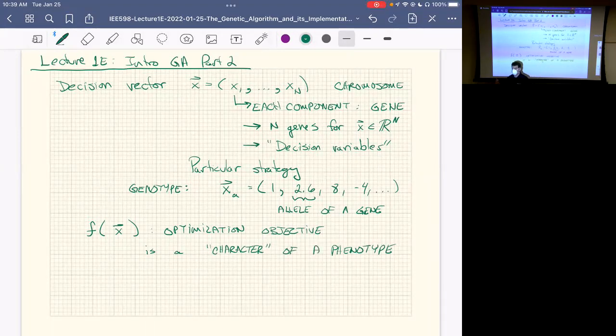But you can imagine we could have multiple characters, and in unit 3, we'll introduce multi-objective optimization meta-heuristics, in which case we will have multiple characters or multiple optimization objectives. So that'll be coming in unit 3.